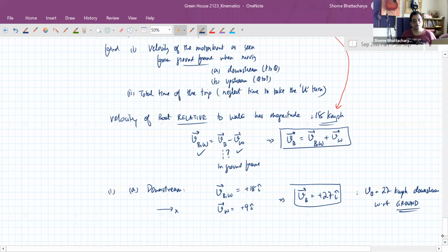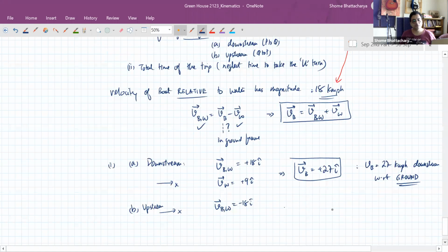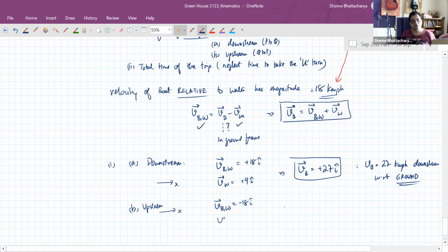Okay. But when it comes to the upstream part of the journey, you can see it becomes different. Again, taking this as a reference, the velocity of the boat with respect to the water this time is minus 18 i cap. In the water's frame, the boat is coming upstream at 18, but the water continues to flow downstream at 9. So the velocity of the boat in the ground frame will become minus 9 i cap.